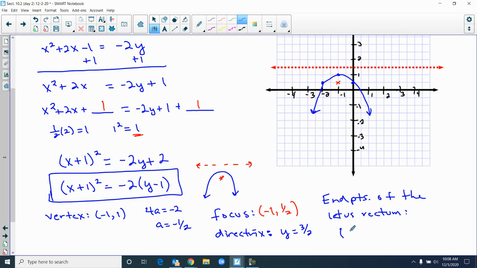So it's going to be negative 2, 1/2, and it's going to be 0, 1/2. Remember, the length is 4a. 4 times 1/2 is 2. So it should be 2 between the focal diameter. Okay, for that. All right, so we found all the key parts. We sketched its graph.